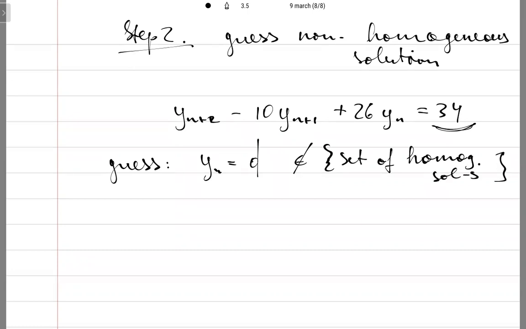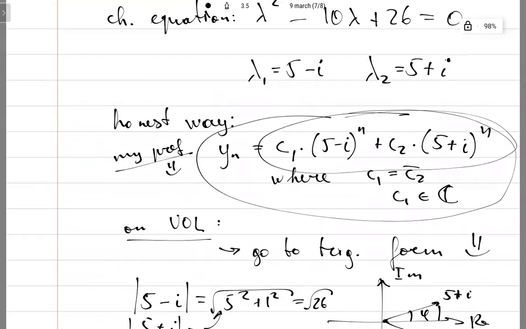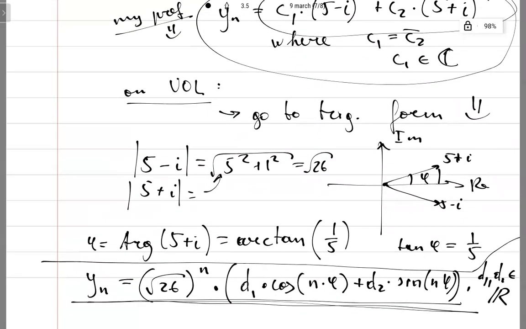So my guess doesn't belong to this set. By choosing D1 and D2, you can never make this formula equal to a constant, with the exception of 0, obviously. But a non-trivial combination of D1 and D2 will never give you a constant.